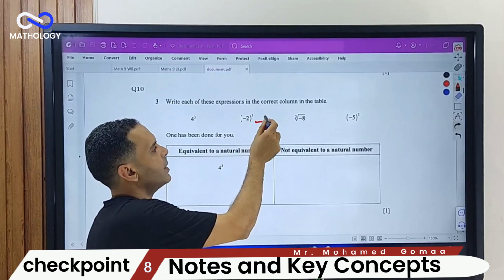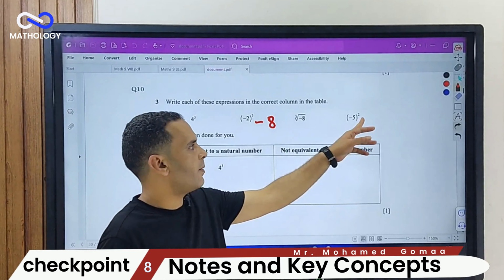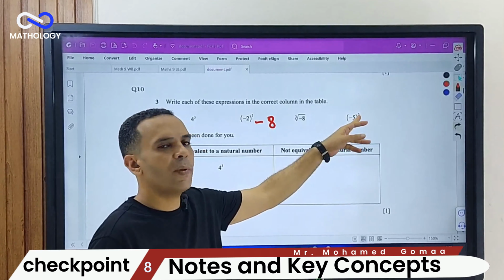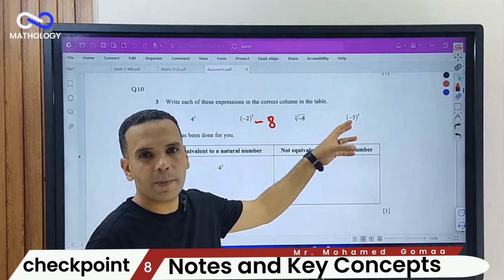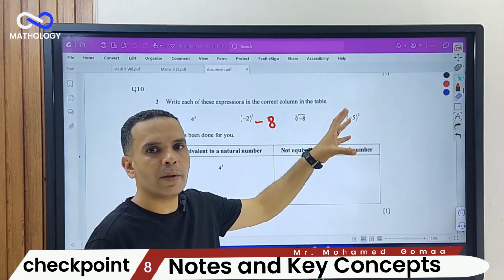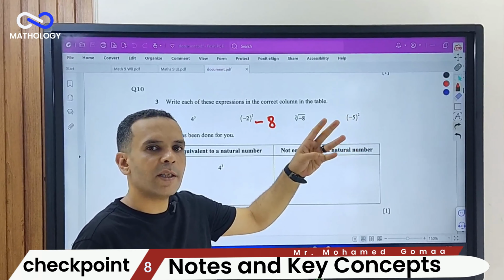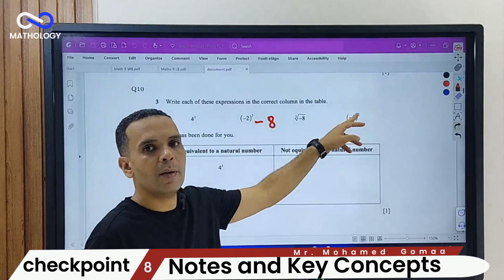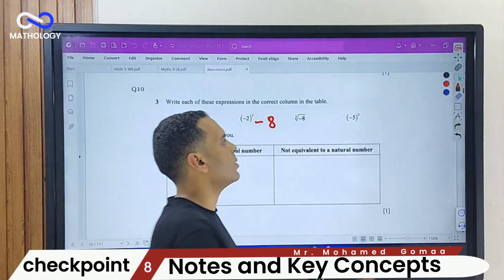It will be negative 8. But if you have an even power, you can cancel the negative. Any even power cancels the negative sign in front of the base. Like negative 5 to power 2, which equals negative 5 times negative 5, negative multiplied by negative equals positive. If you have an even power and a negative base, cancel the negative sign, it will be 25.